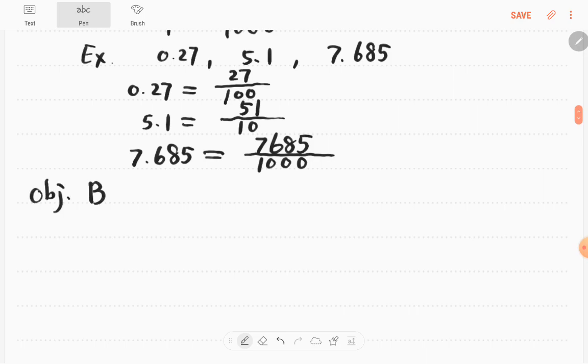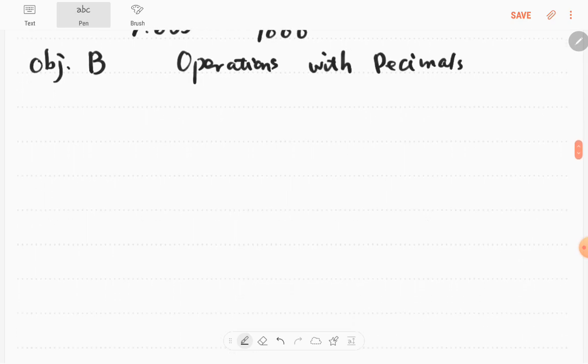Okay, so let's check objective B. This time we want to do the operations with decimals. Operations with decimals. Let's talk about addition and subtraction first.